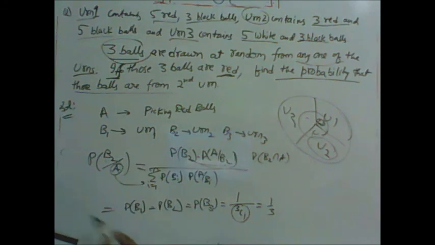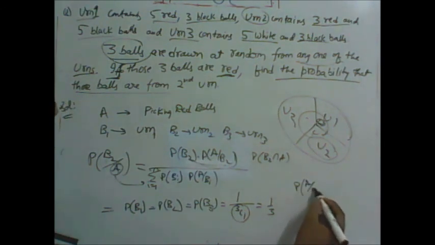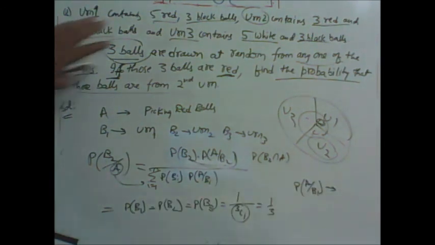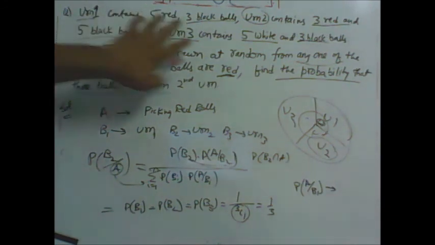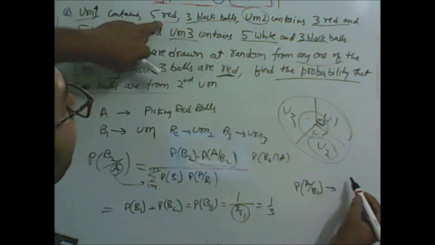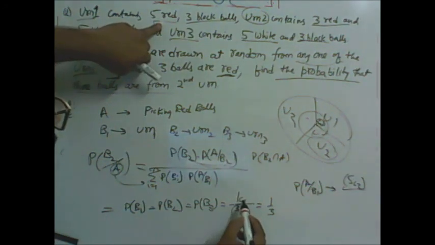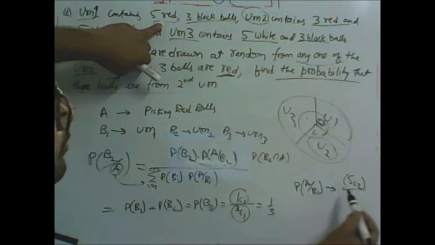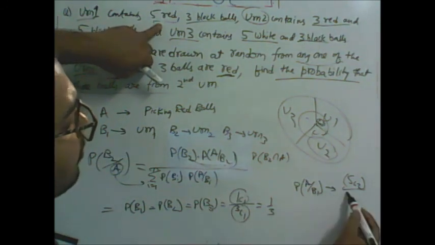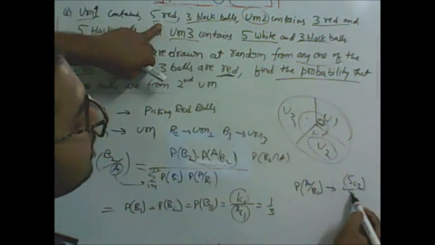Now let us find P of A divided by B1, A divided by B2 and so on. In B1, urn 1 is fixed. What is the probability that the 3 balls drawn are red? Here 5 red balls are there, and out of them we have to choose 3. The total number of possibilities with red and blue is 5 plus 3, so 8C3.